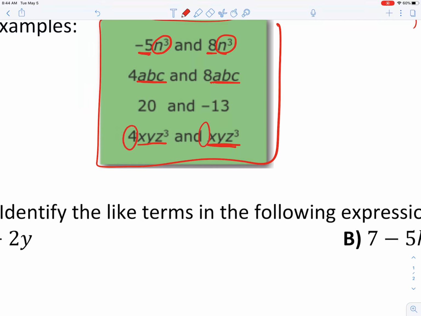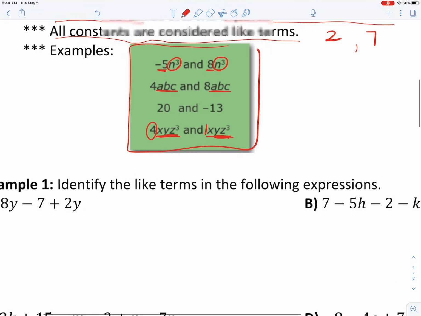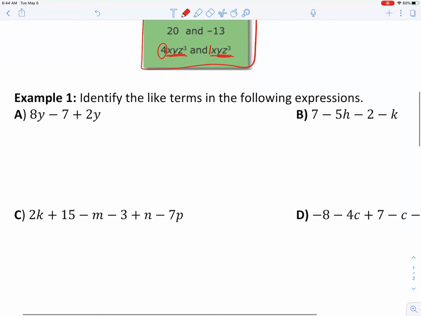I noticed that this one has a 4 and this one doesn't have anything in front. Again, the coefficient, the number in front, doesn't matter what that is as long as the variable part is the same. Okay, and if you remember, if there is no number in front of a variable, that's our hidden number of 1.